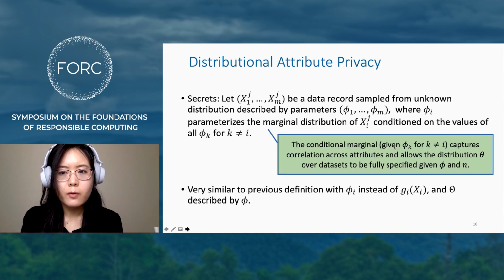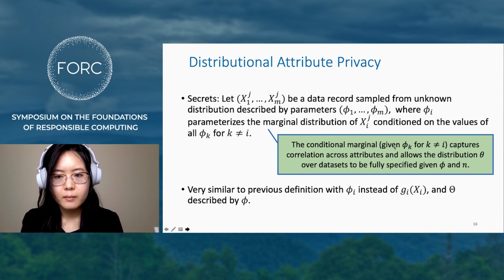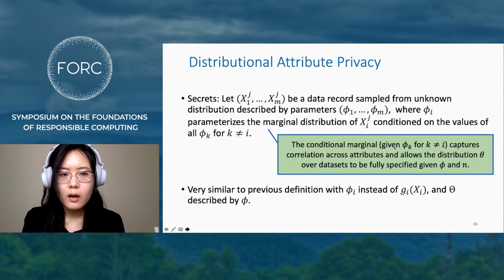Although it seems natural for phi i to define the marginal distribution of the sensitive attributes, this wouldn't capture the correlation across attributes that we wish to study. Instead, this phi i defines the conditional marginal distribution of the sensitive attributes, given all other phi k fixed, which does capture such correlation. And this also allows the distribution over the dataset to be fully specified given phi and the size of the database n.